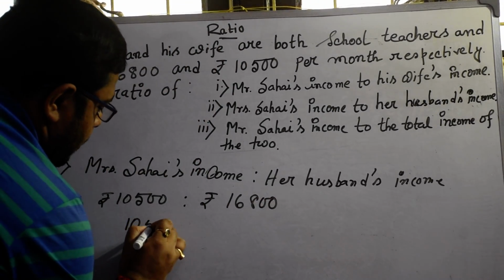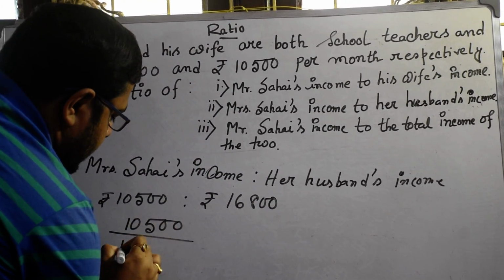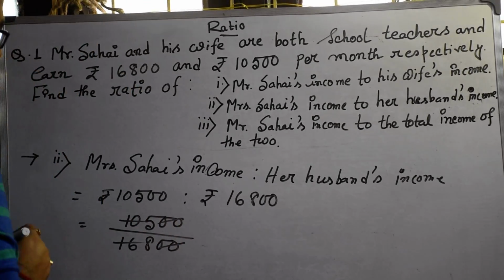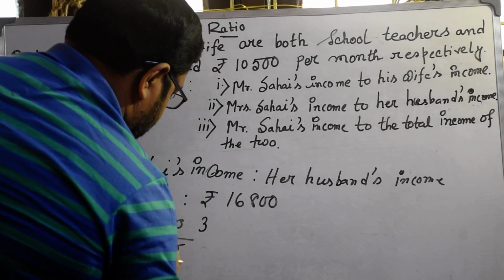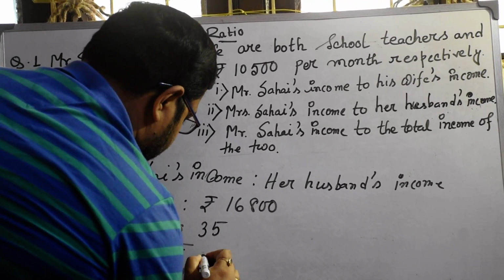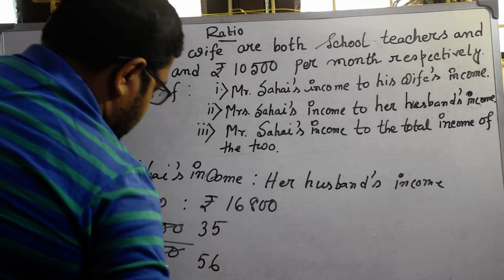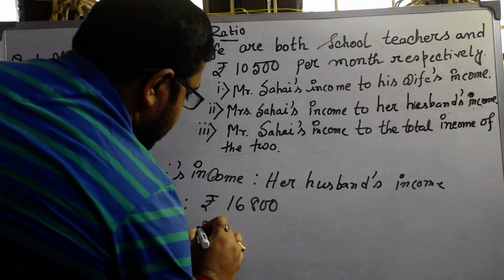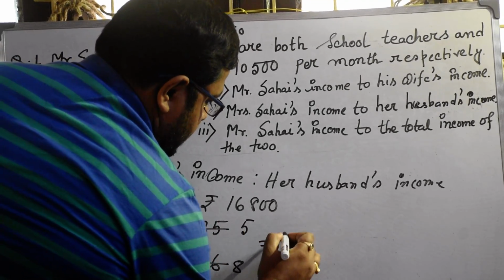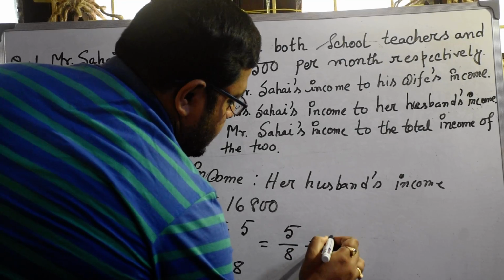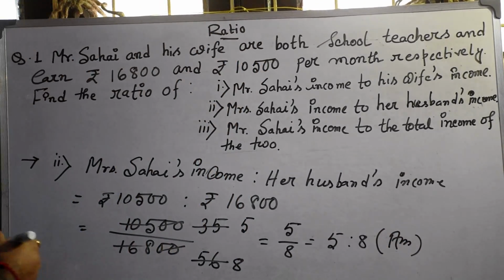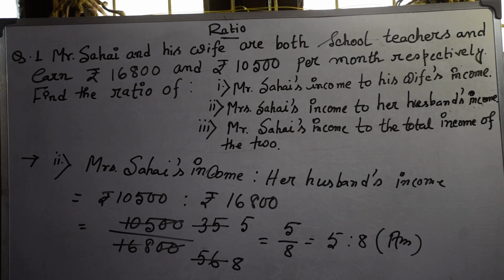So 10,500 divided by 16,800. Now simplify this. So 3 5s are 105, 3 56s are 168. Now 7 5s are 35, 7 8s are 56. So 5 by 8. So the answer equal to 5 is to 8. This is the second answer of the first question.